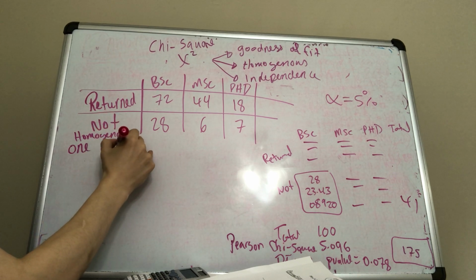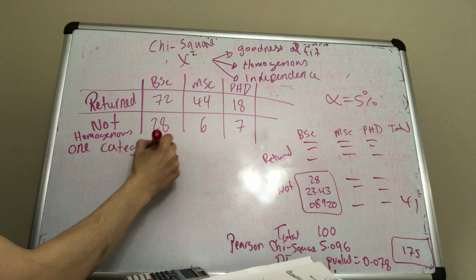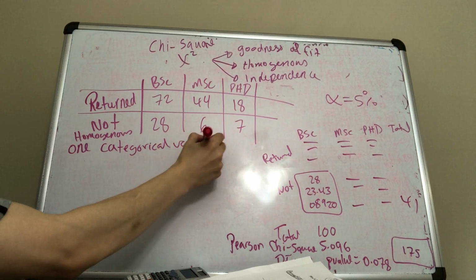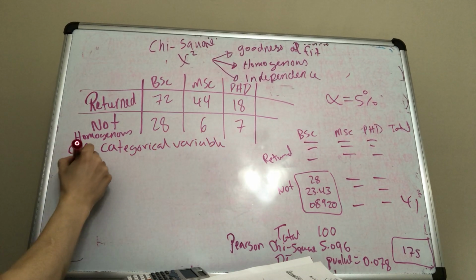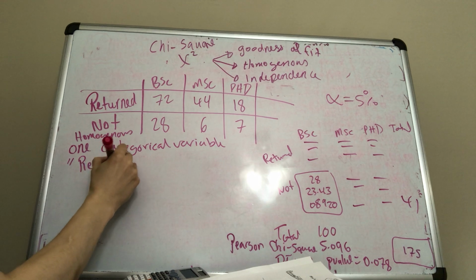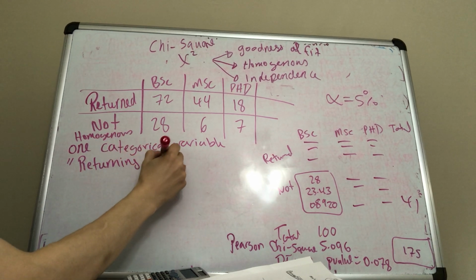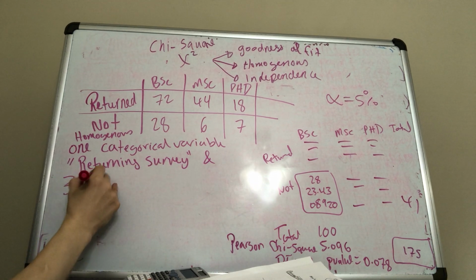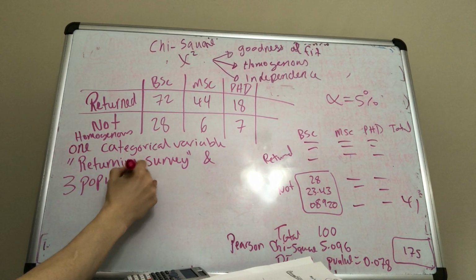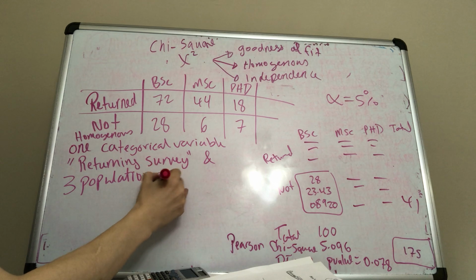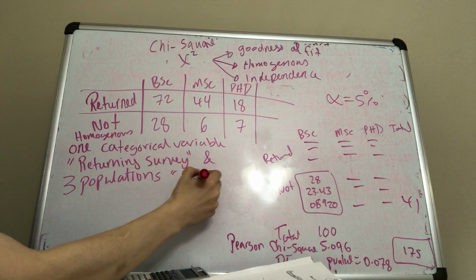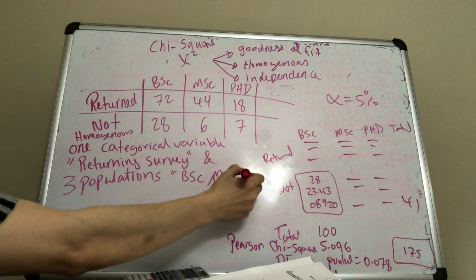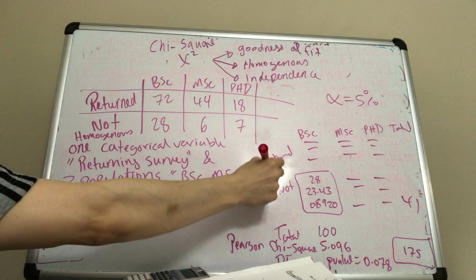We have 1 categorical variable, in this case, returning the survey, and 3 populations, in this case the bachelor people, masters, and the PhD.